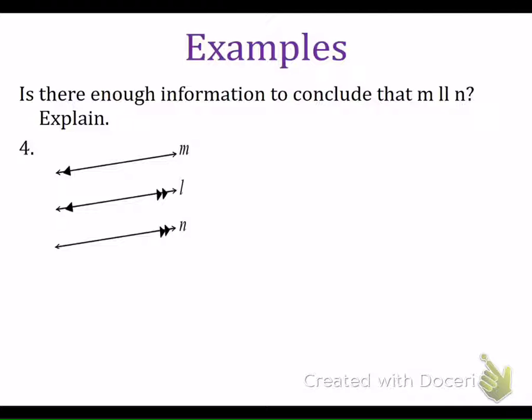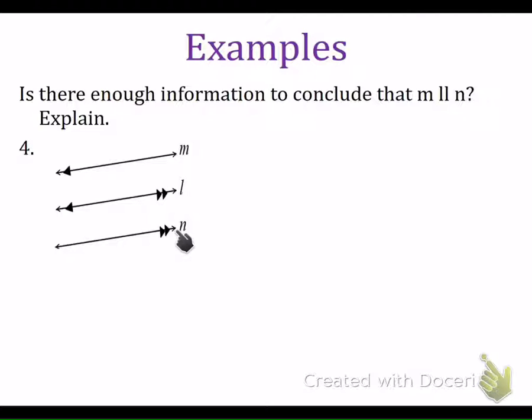All right, here's number 4. We are trying to decide, check the directions again, M and N. Can we conclude that M and N are parallel? No. Well, N is parallel to L, and M is parallel to L. So do you think they're parallel to each other?